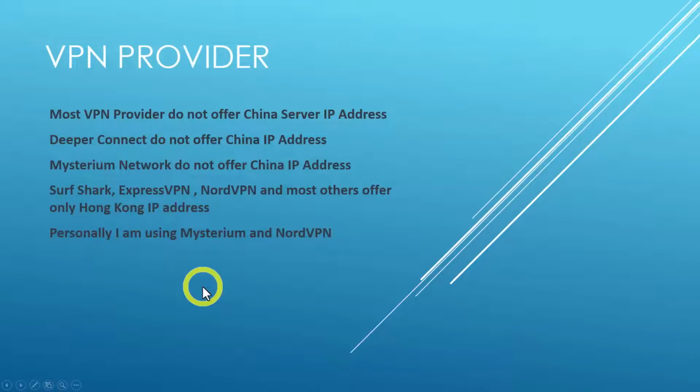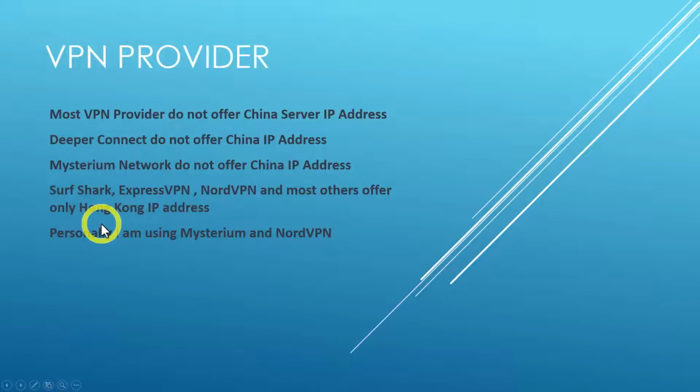Most VPN providers do not offer a China server IP. Like I mentioned, if you need a China server IP, then this video is for you. You can look at ZenMate, Deeper Connect Network, or Mysterium Network. Surfshark, ExpressVPN, NordVPN, and most of the others don't offer a China server IP address.